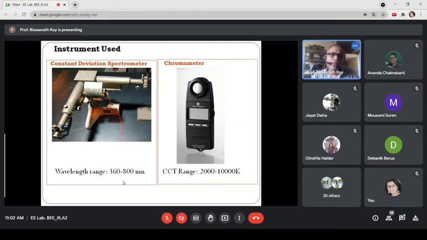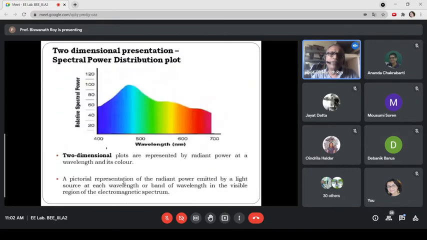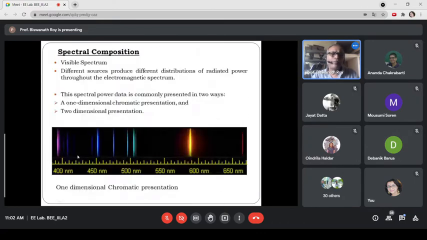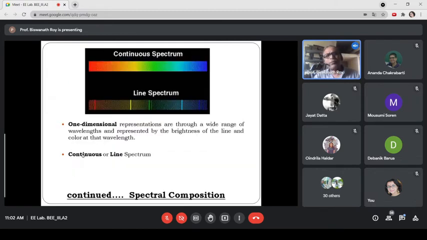So in case of line spectra, it is possible to identify different colors, and it is possible to get the values of wavelength of different colors. But in case of continuous spectra, it is not possible to discriminate different colors. Rather, what we can do is identify roughly that this is one limit of a particular color and this is another limit of that color, and we measure the two limits.